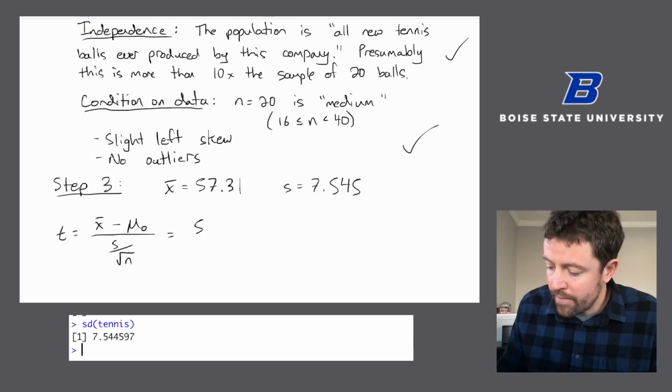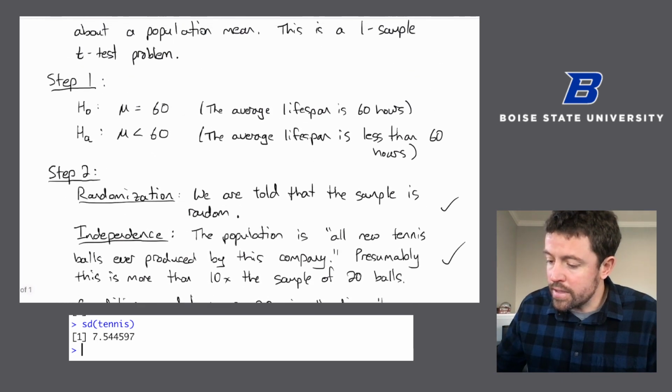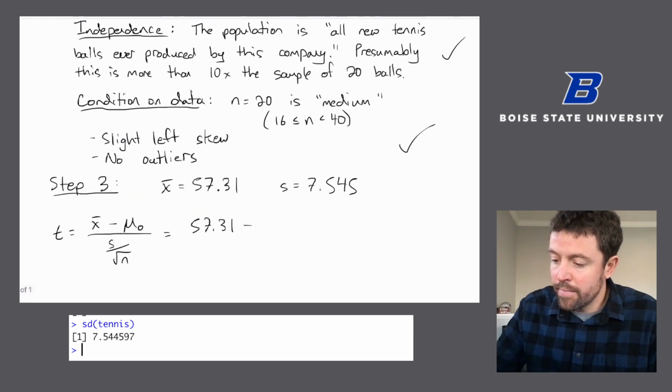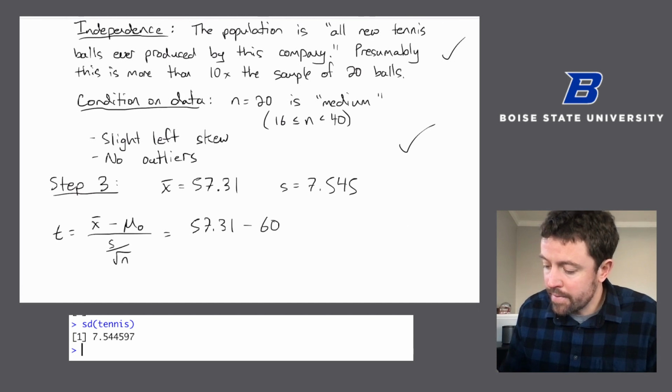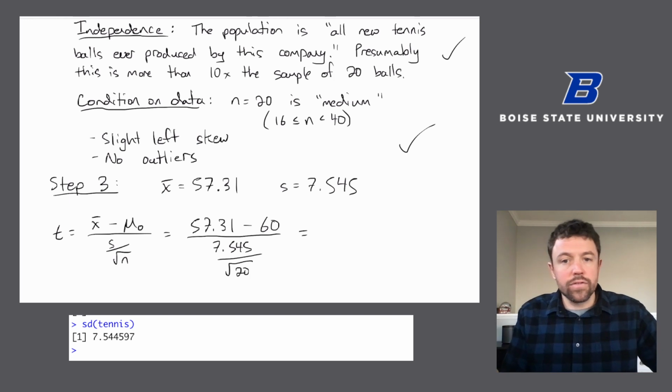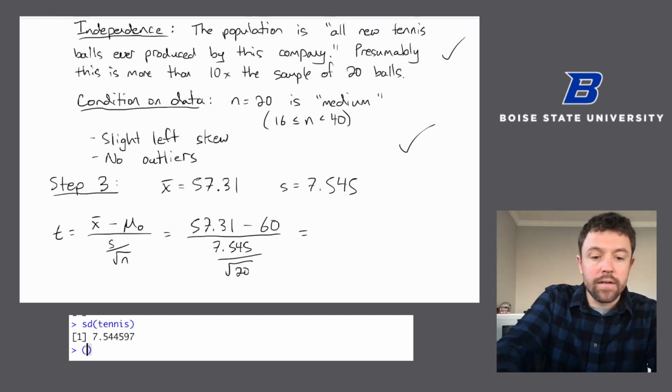So X bar is 57.31. Mu naught was this thing, the number that appears in the hypotheses. It's always the same number. It's 60. S is 7.545. And here, N, the sample size was 20. And I'm always really careful typing this in.